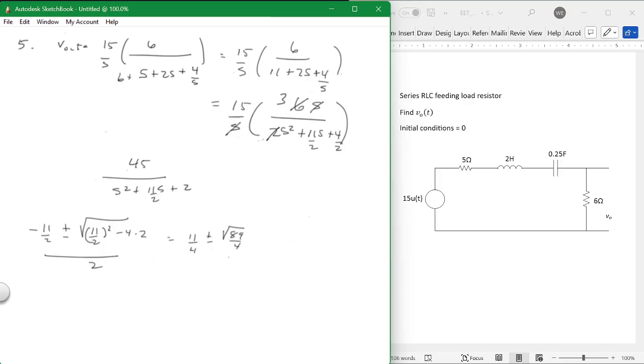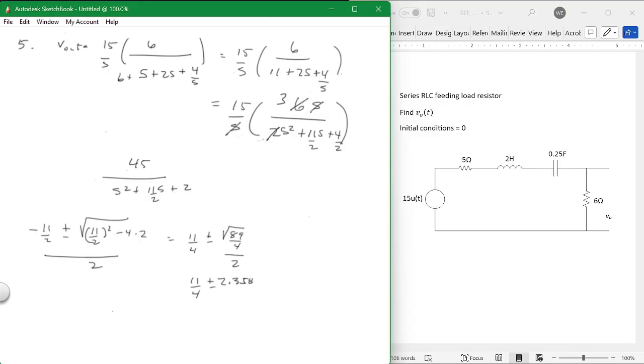That's a real number, which is 2.358. So it's 11 fourths plus or minus 2.358.